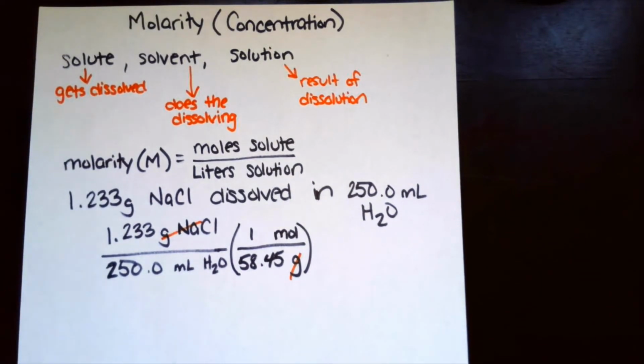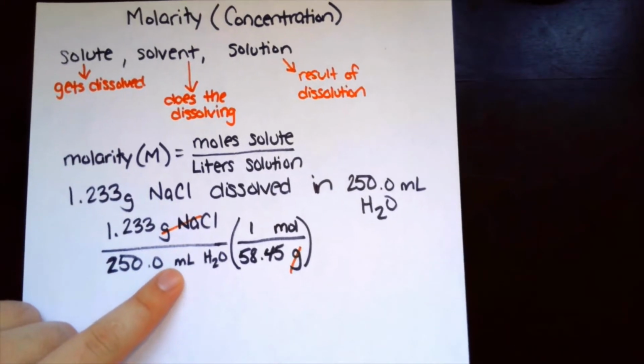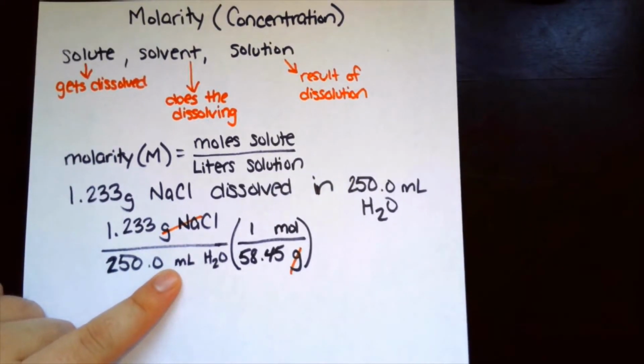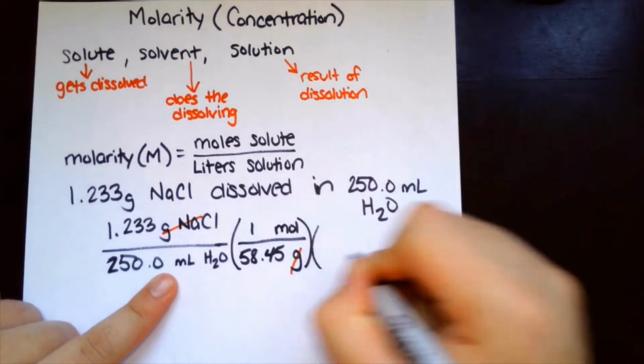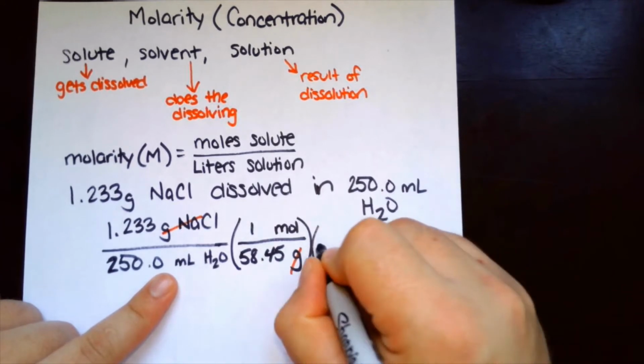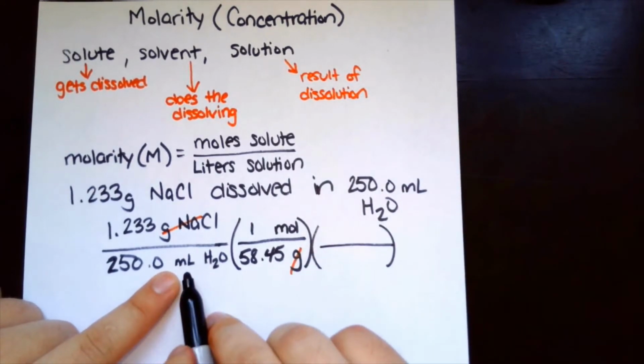And so this is an example of why you want to remember the metric prefixes that I talk about in Chapter 1. So milli. Milli is basically 1/1000th, which means that there are 1,000 milliliters in 1 liter. So that will be our next conversion factor. Now, milliliter is in the denominator.